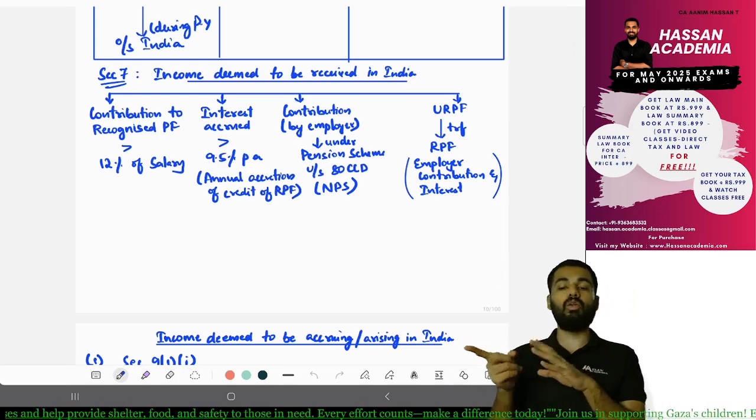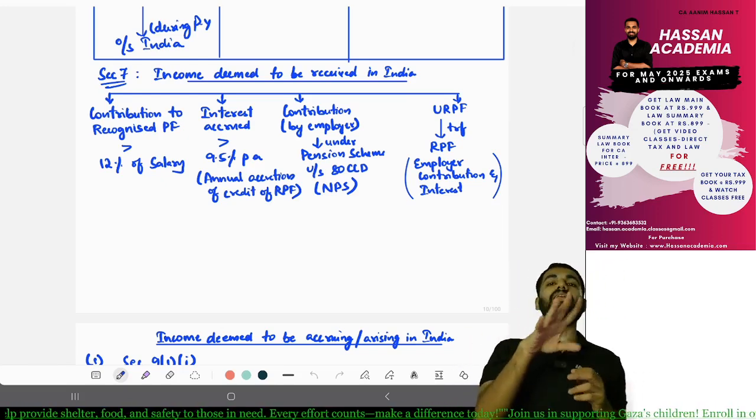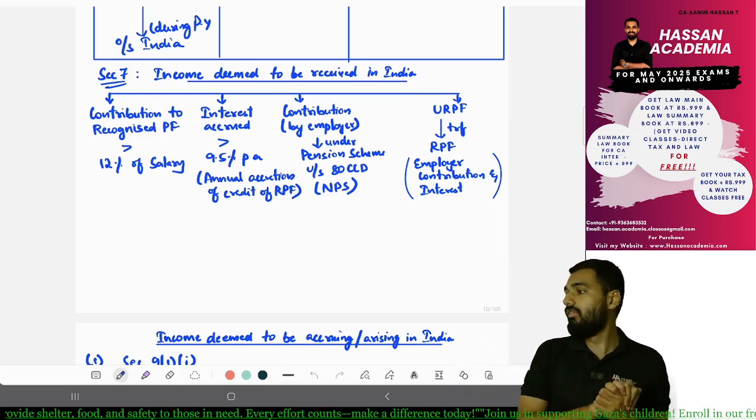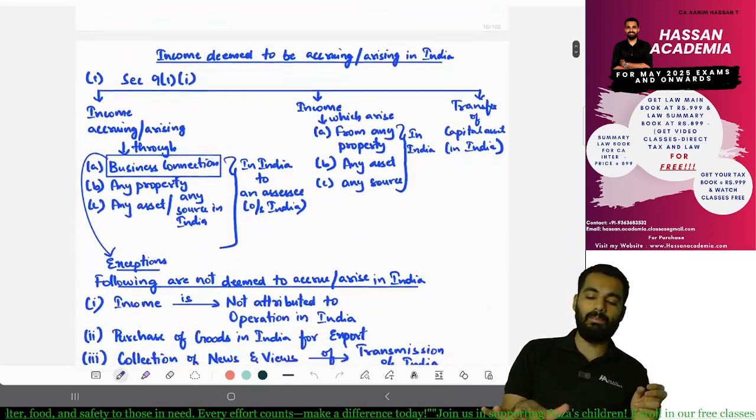All this we will see in the salary chapter. So wait for the salary chapter.